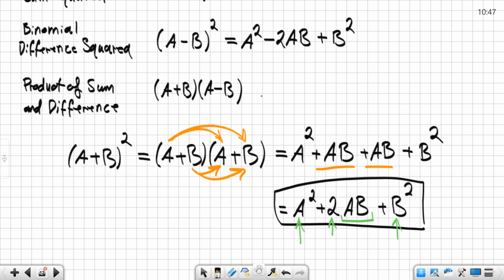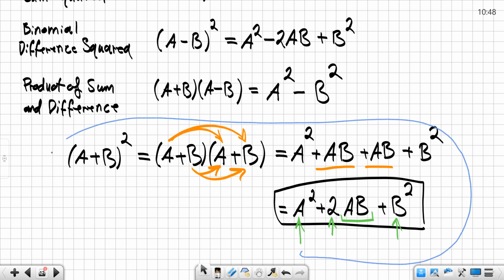Now, the product of the sum and difference is going to be a little bit more surprising. The product of the outer and the inner is going to cancel out, and we will just have a squared minus b squared.